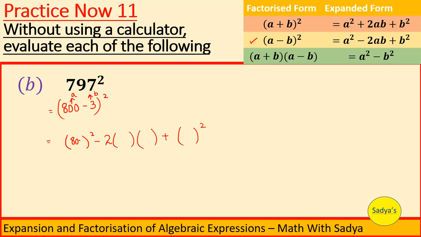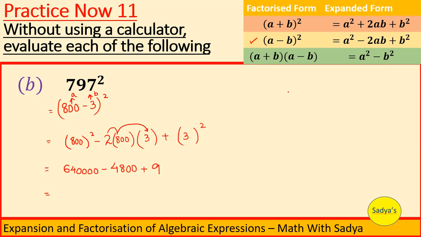So we write 800 in these two brackets and 3 in the remaining two brackets. 800 squared: the square of 8 is 64 and we will double the number of zeros. Here we have 2 zeros, and when we take the square we will have 4 zeros. So 800 squared is equal to 640,000, minus 2 into 800 into 3. 2 into 8 is 16, 16 into 3 is 48, so 4800, plus 3 squared is 9.